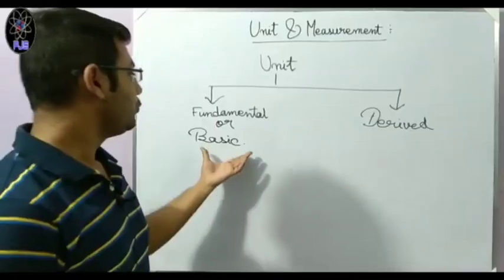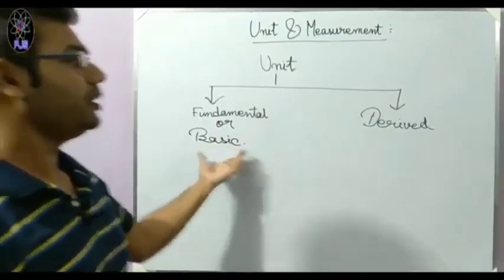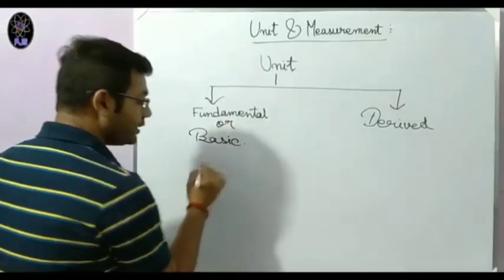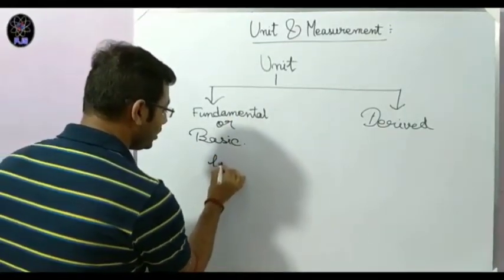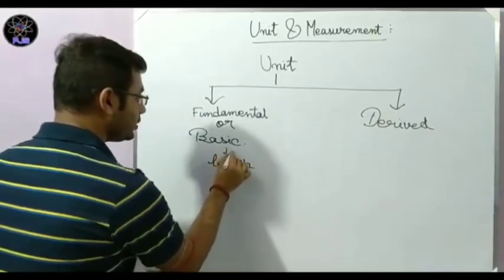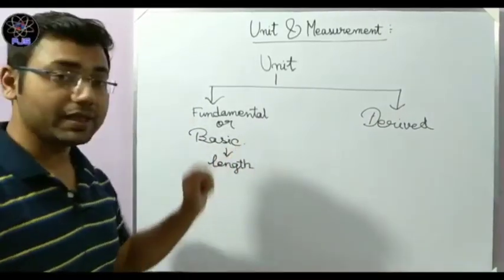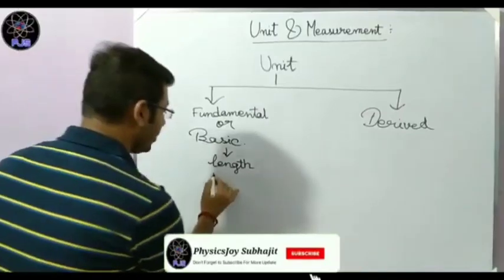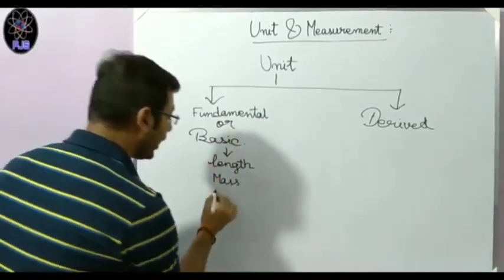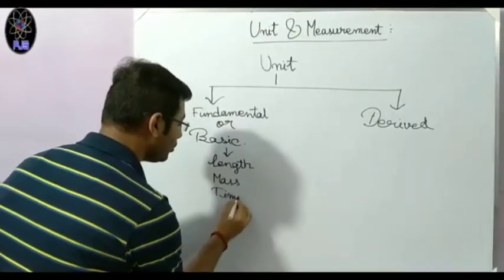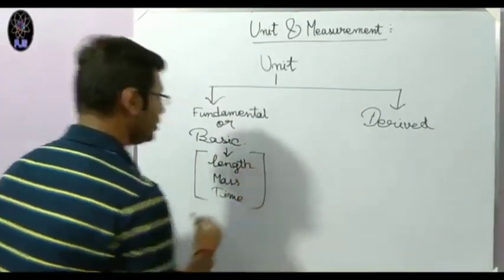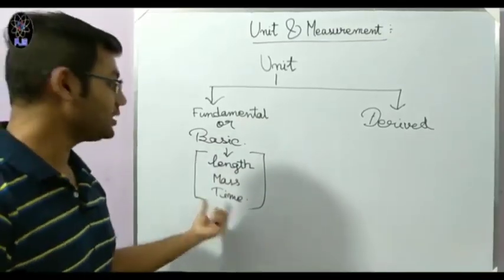Now which units are fundamental and which are derived? Length is known as a basic unit. Mass is also a basic unit and time is also a basic unit. These three are basic units.